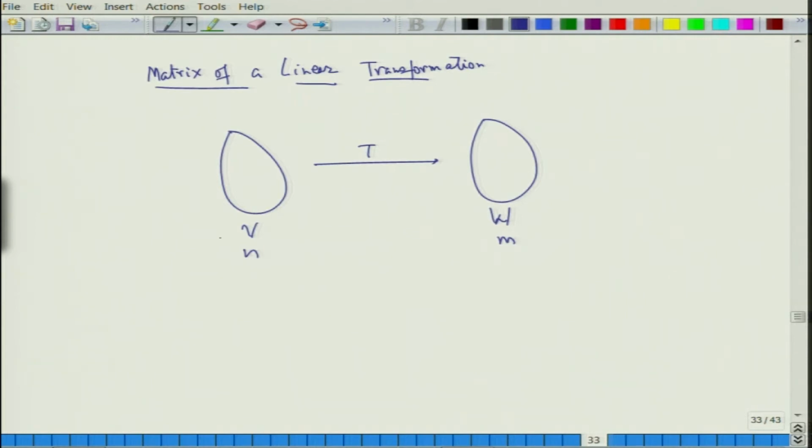What is given to me? I have been given A, an ordered basis of V. I have another ordered basis, B, of W.